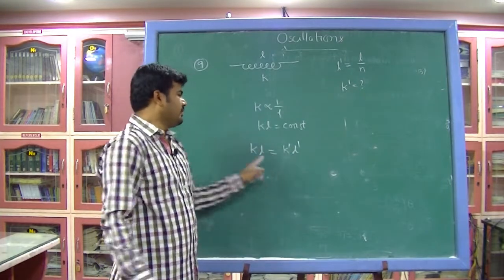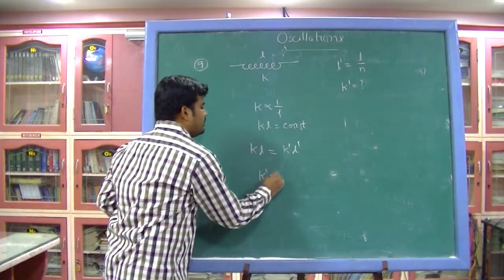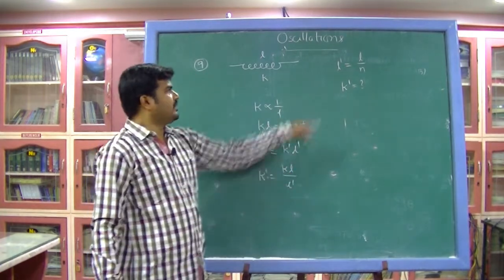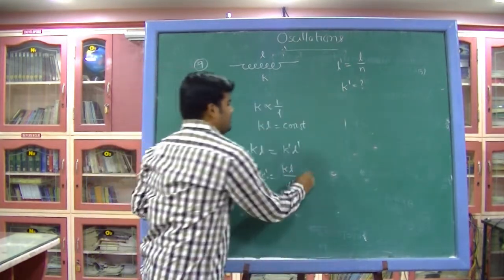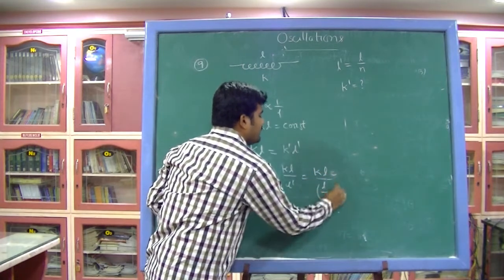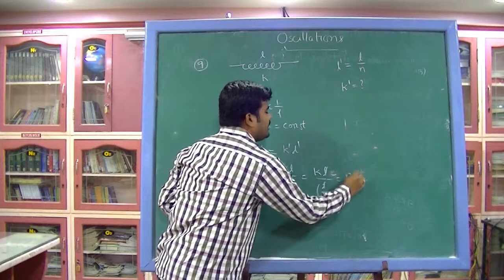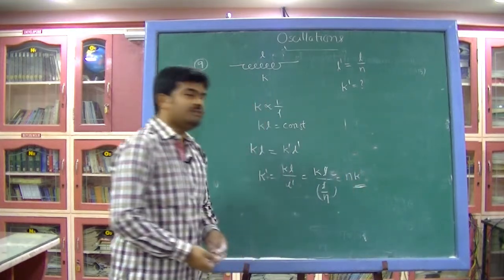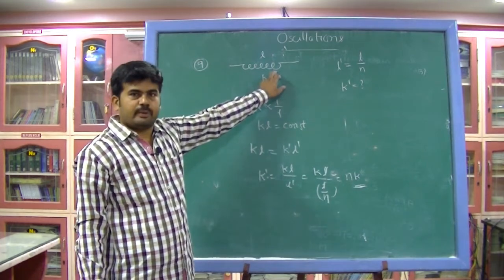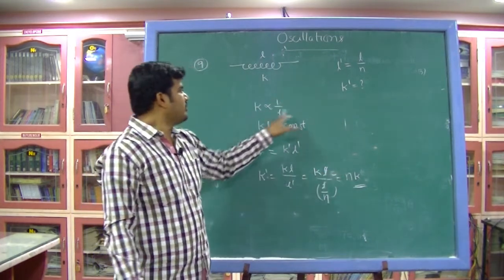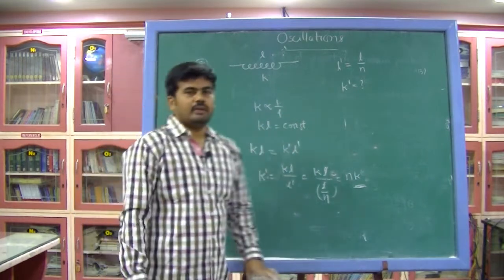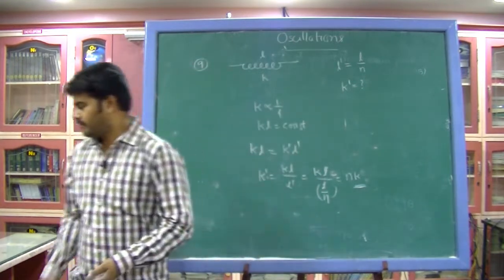Now, K dash can be obtained as K into L divided by L dash, because we know the L dash value is L by N. So K into L divided by L by N; here L cancels, and you will get N into K. So, the spring constant becomes N times the spring constant of the actual spring. That is what I told, spring constant and length are inversely proportional to each other. So, this is one important method. Be clear about this.